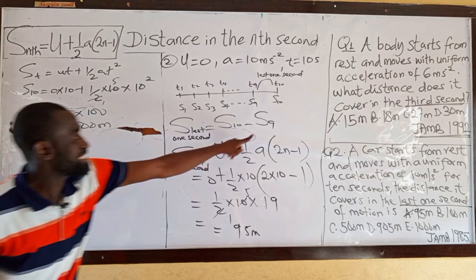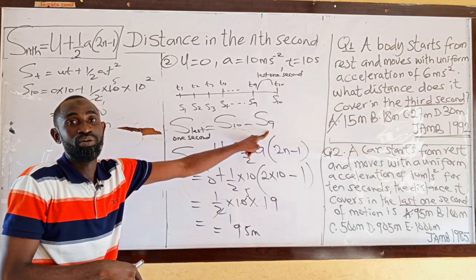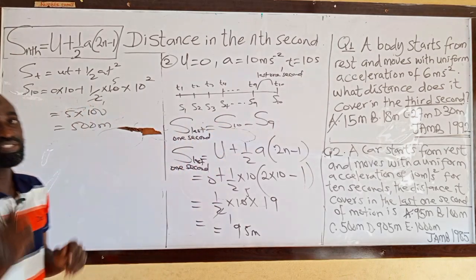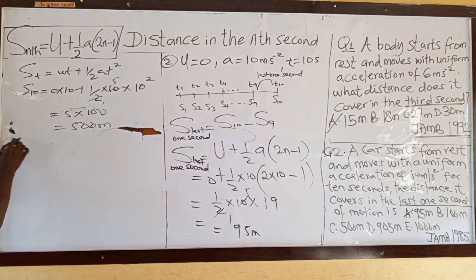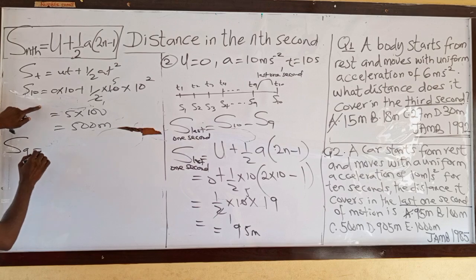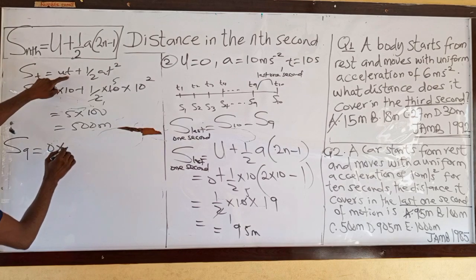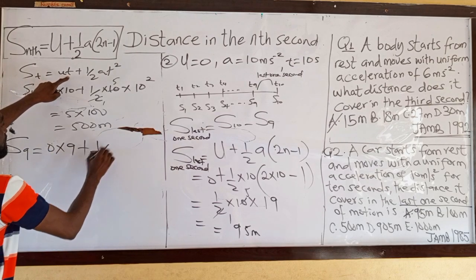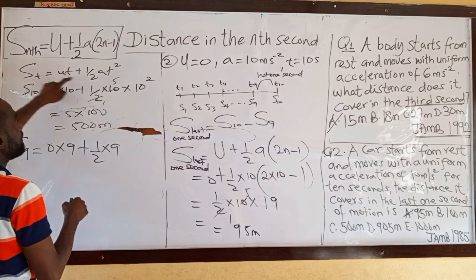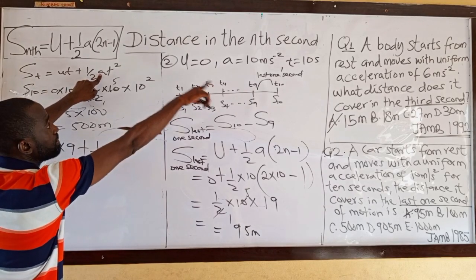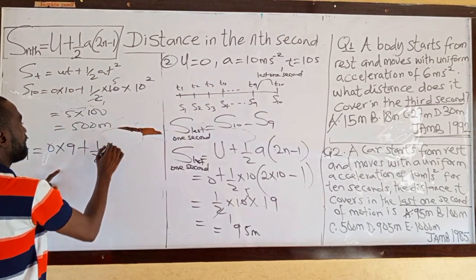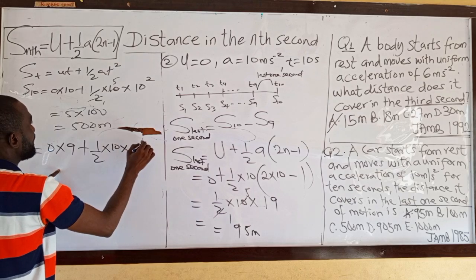Let us get the distance in 9 seconds and then subtract. S9 equals 0 times 9 plus half times 10 times 9 squared.